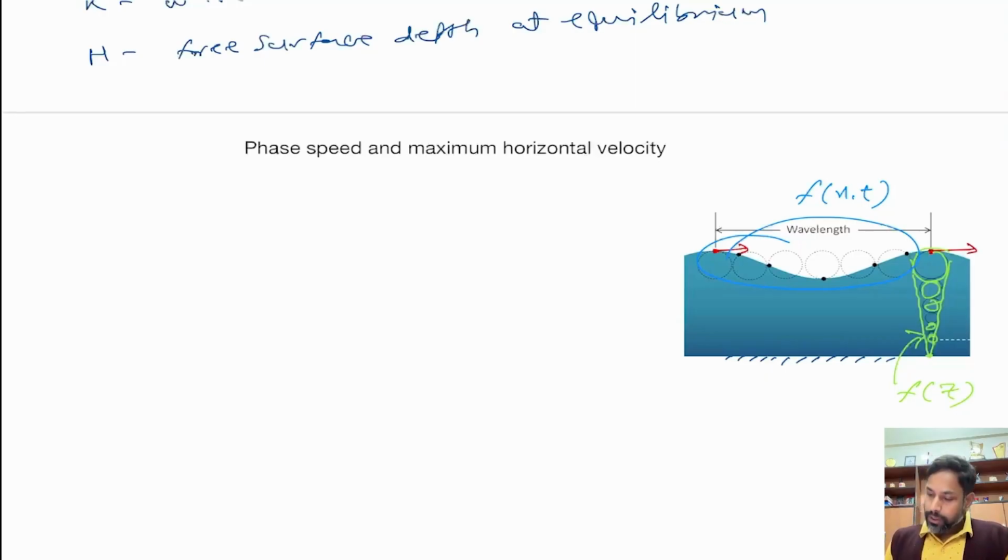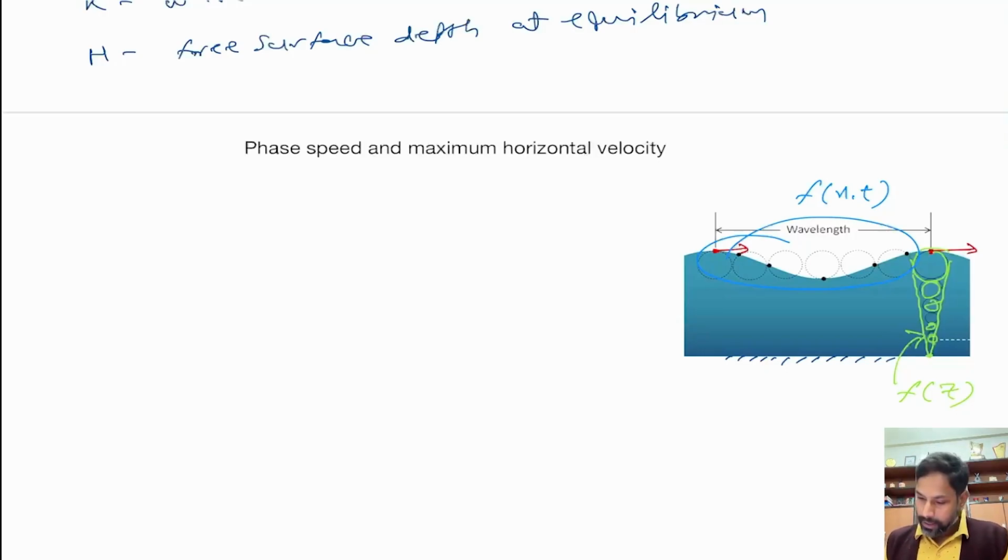Now here we see that the crest is moving with a certain speed, that is the topmost point of the wave, and everywhere else we have a certain velocity, which changes in a periodic manner, where we have maximum velocity at the crest or at the trough, and the velocity in between is just between the maximum and minimum value.